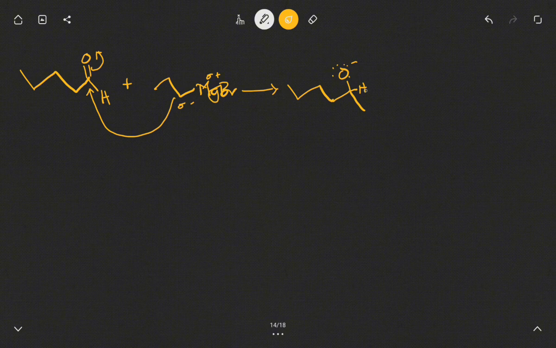Okay, all right, so the next thing that is going to happen is we have O with 3 hydrogen atoms, which is making it positively charged, and then this is going to reach out and pick a proton, so it's getting protonated.